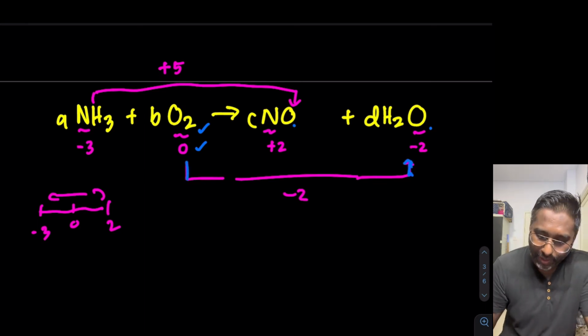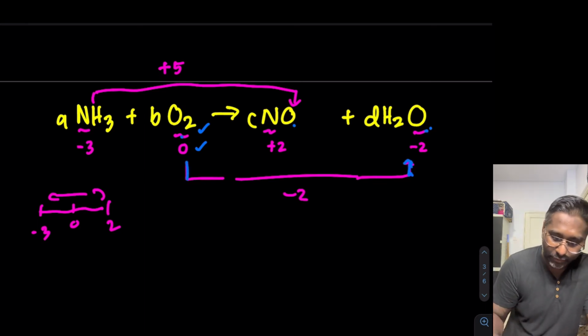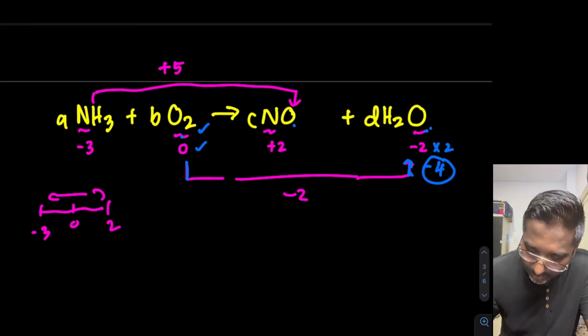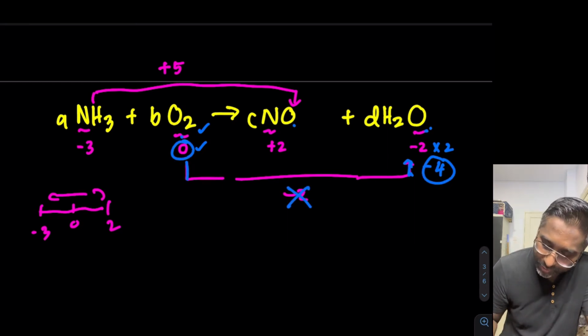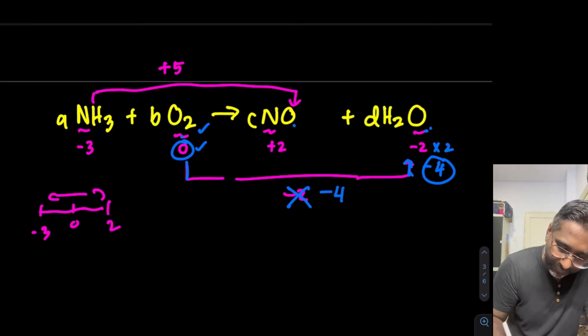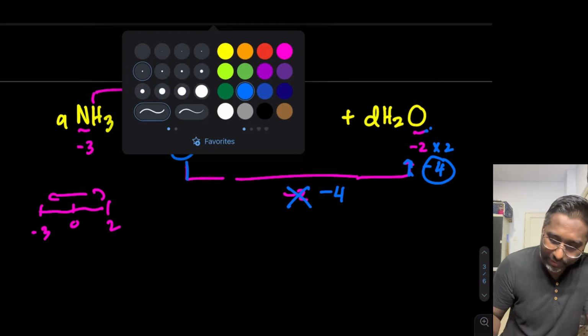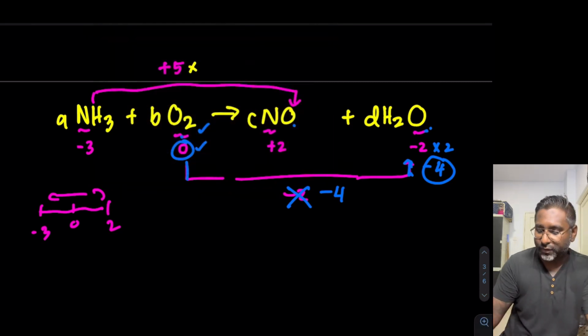Don't bother about this oxygen, just follow this one. So if 2 here, we have to deal with this as though there is going to be 2, so this one must be times 2. So it's going to be -4, from 0 to become -4. This is not -2, that's going to be -4, from 0 to 4.